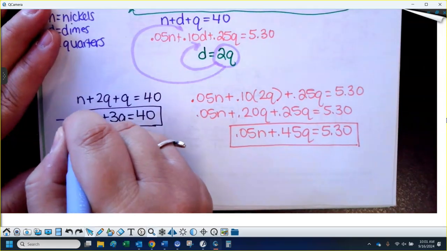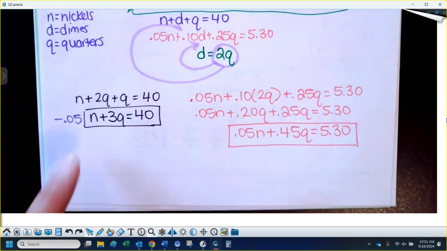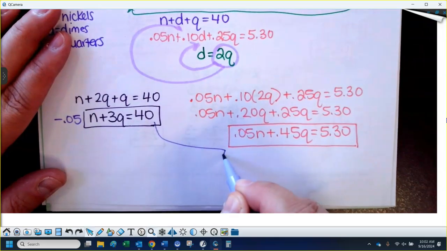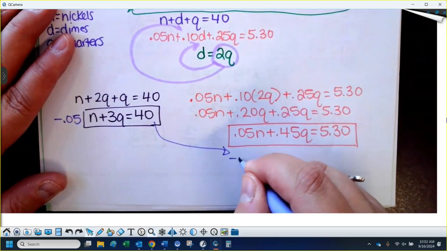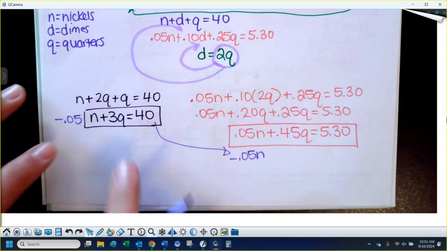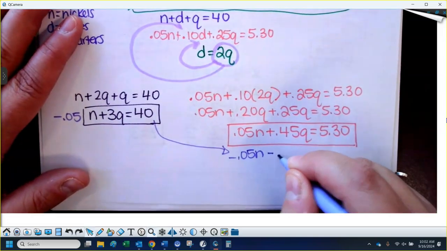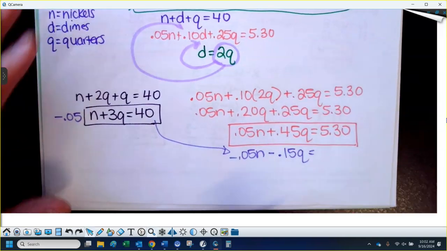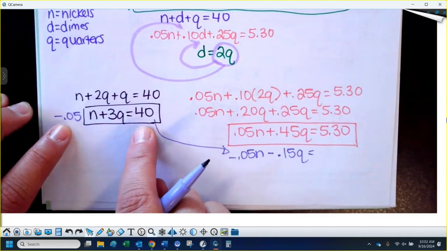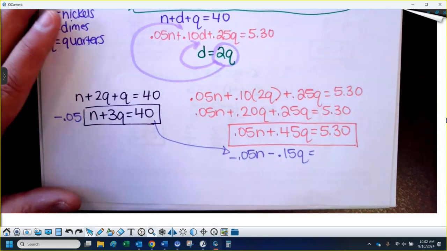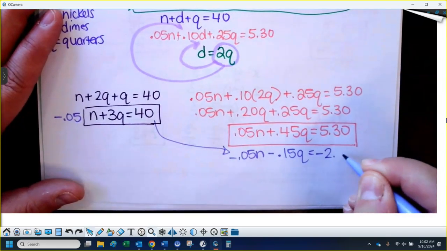I would just go through and multiply this line by negative 0.05, and I'm just going to write it underneath here. So it'd be negative 0.05n. If you do, it's like 5 cents times 3, so this would be negative 0.15q. And if you do negative 0.05 times 40, this is going to be negative 2.